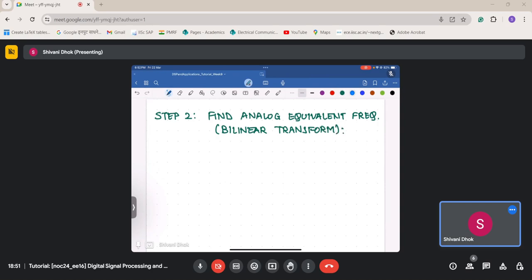Okay. So now what we need to do is figure out capital omega, which is equal to tan of omega by 2. Again, we will be having 4 values for this.